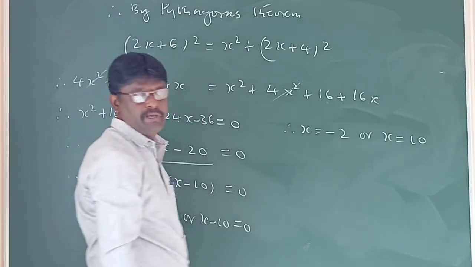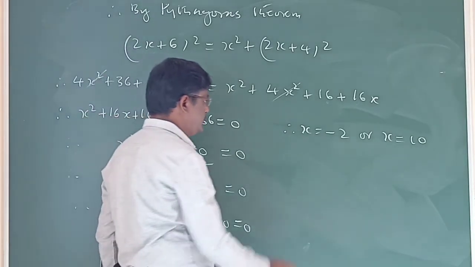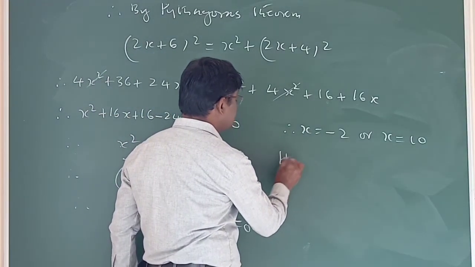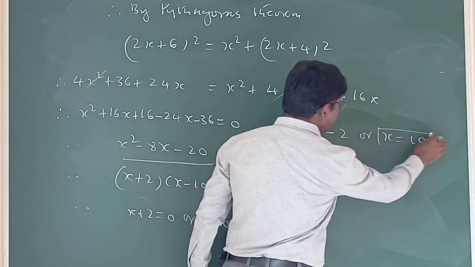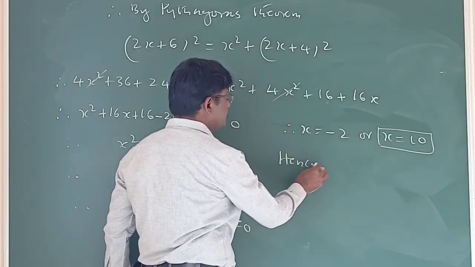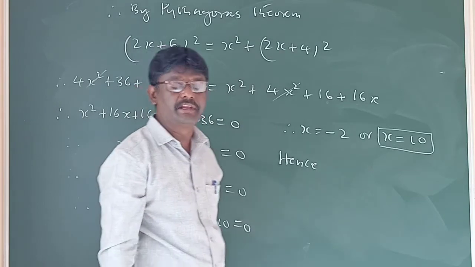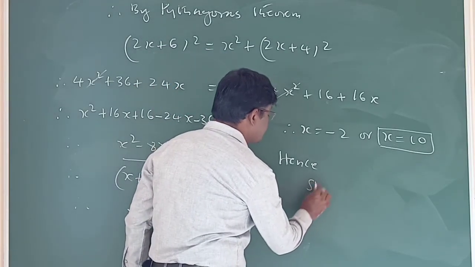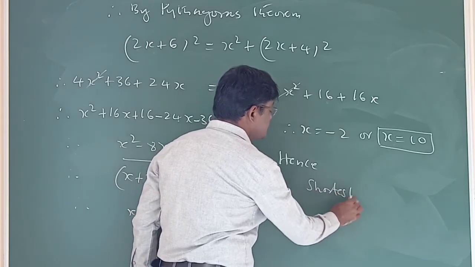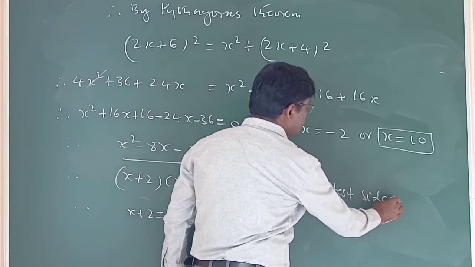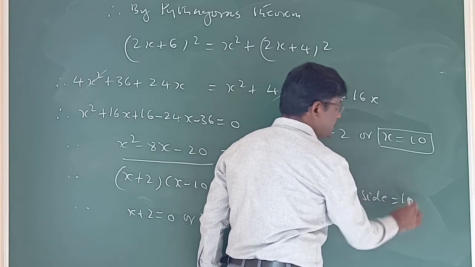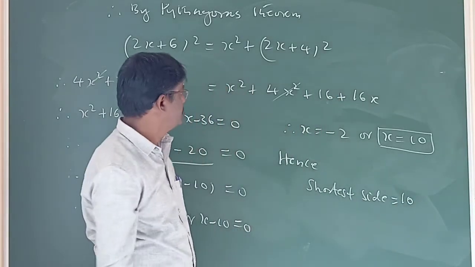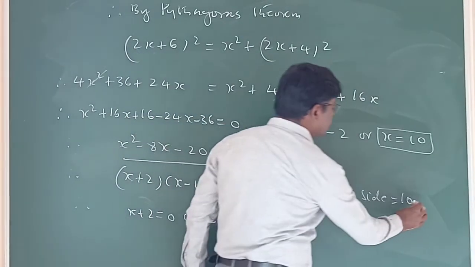Length cannot be negative, therefore ignore it. Hence now, after knowing the value of x, what we assumed, let the length of the shortest side be x. Hence the shortest side equals 10 meter. The given unit, I think, is meter.